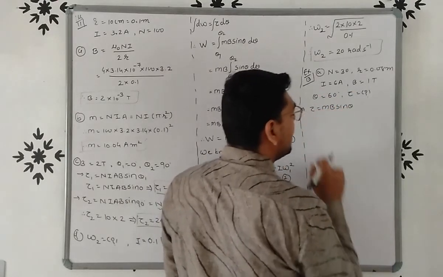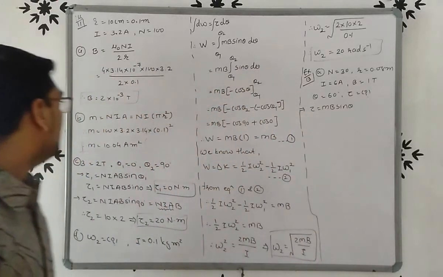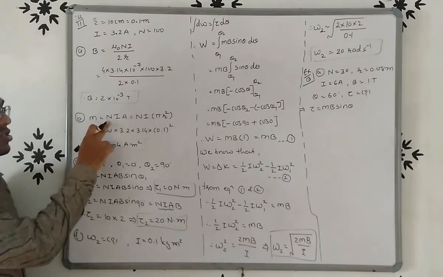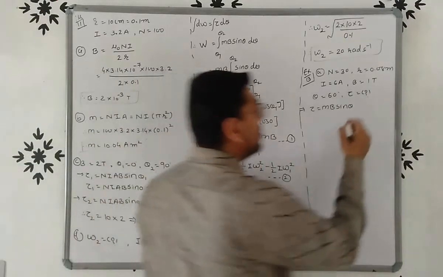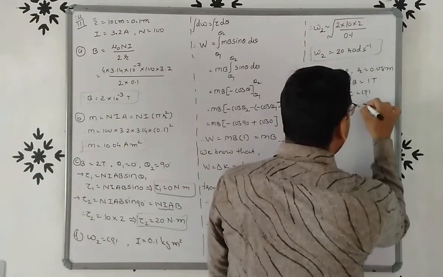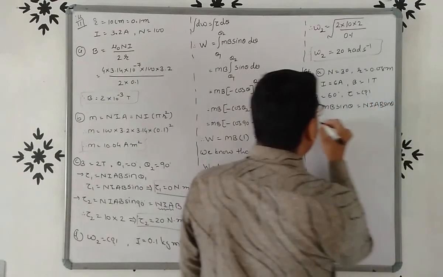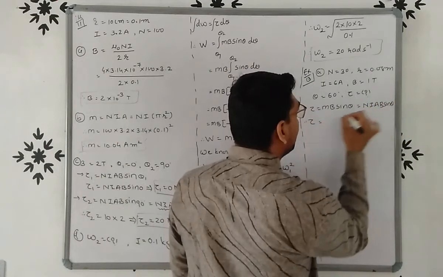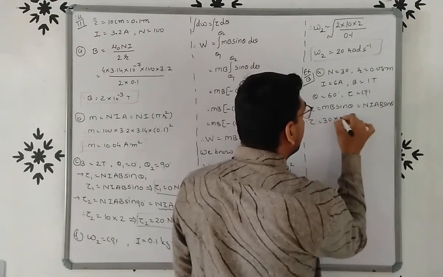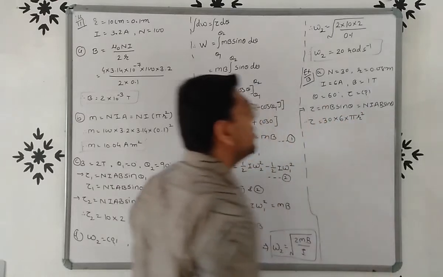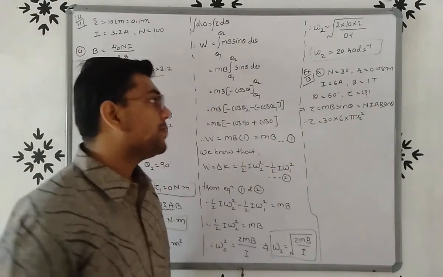Right? Or instead of m, we know m is equal to NIA. So instead of m, NIAB sin theta. Right? So tau is equal to the value of N 30, I 6, A is pi r square, because here circular coil is given.